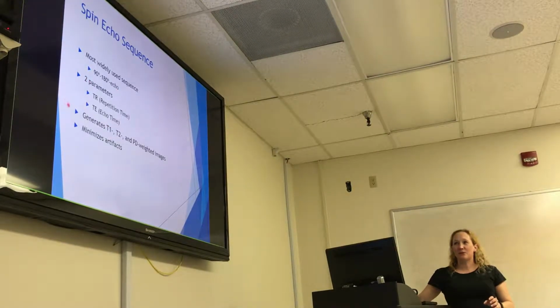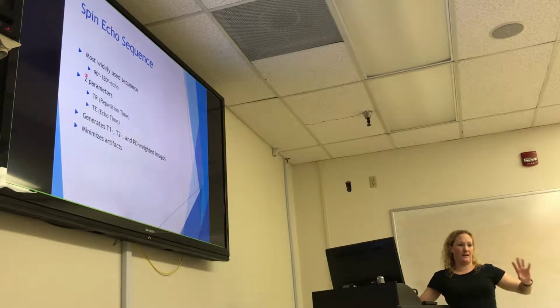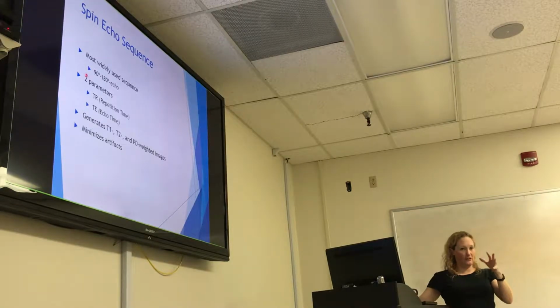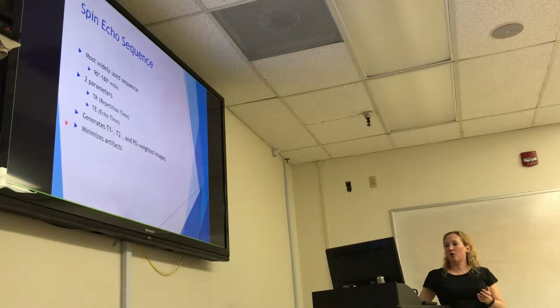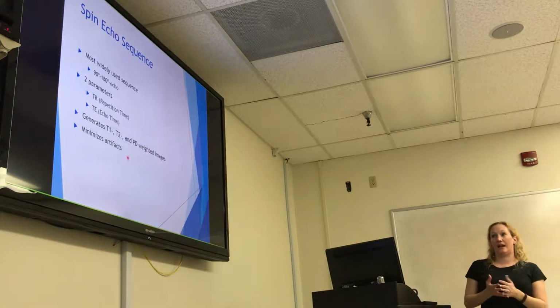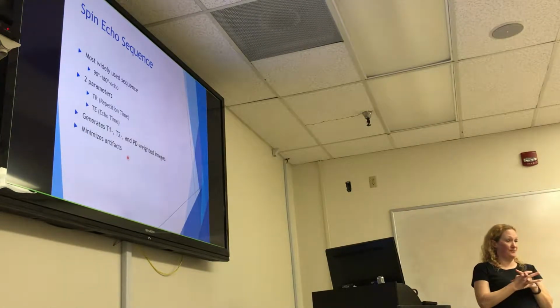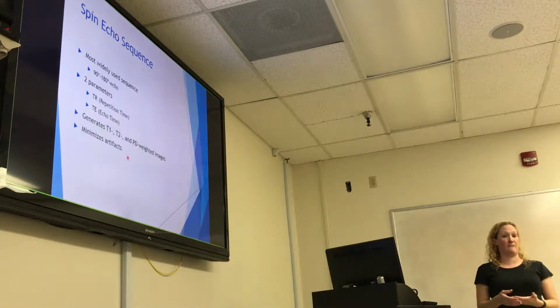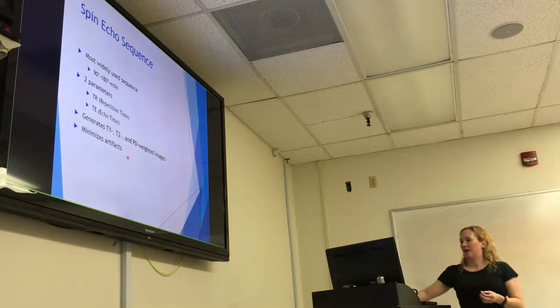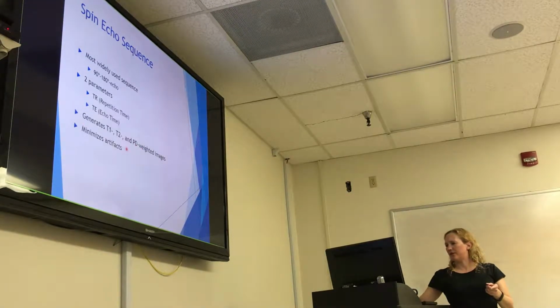The two main parameters, as we've been talking about, are the TR and the TE. Those are the two main ones that you might find yourself needing to play around with or change. The spin echo can generate T1, T2, and proton density weighted images. And because it has that robust signal, it does minimize artifacts. I had one more point about that.